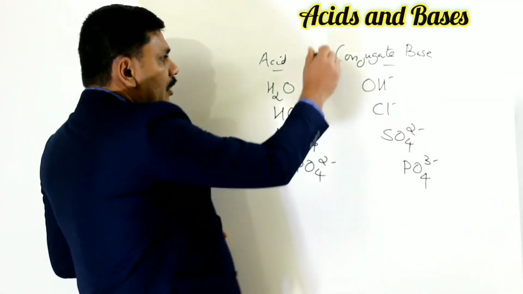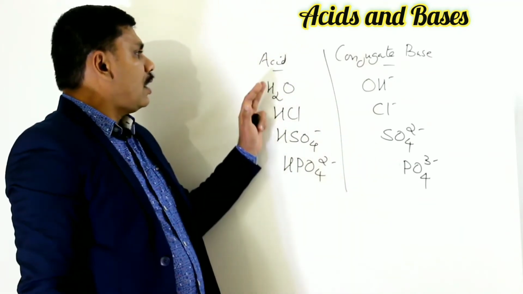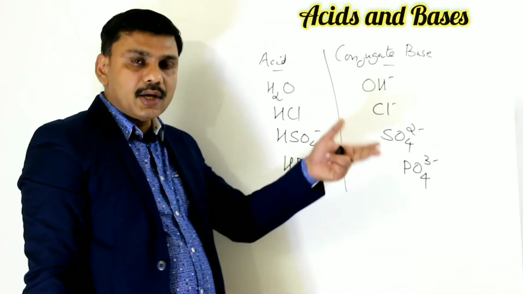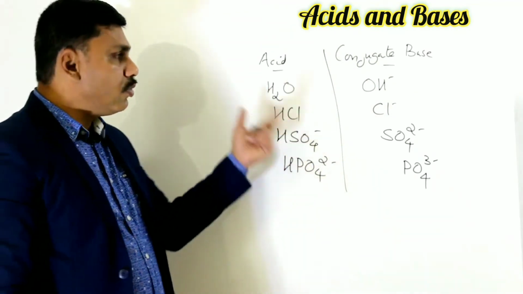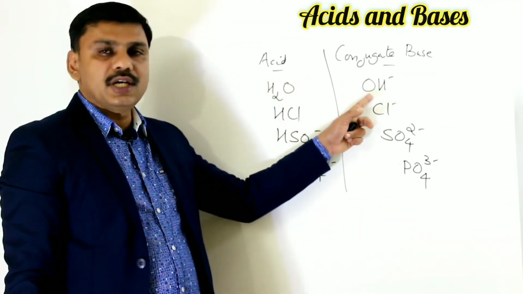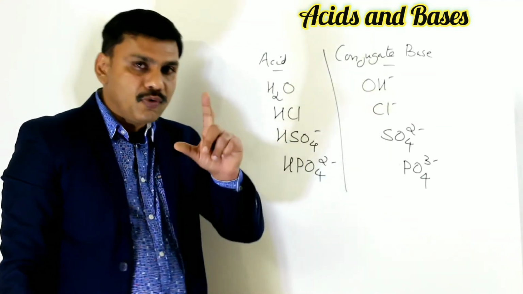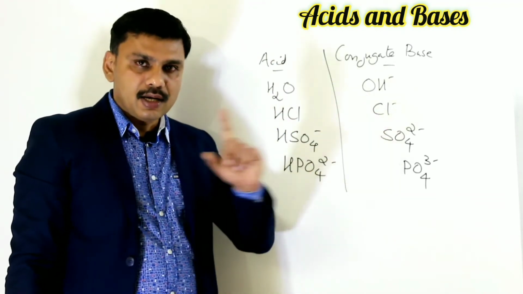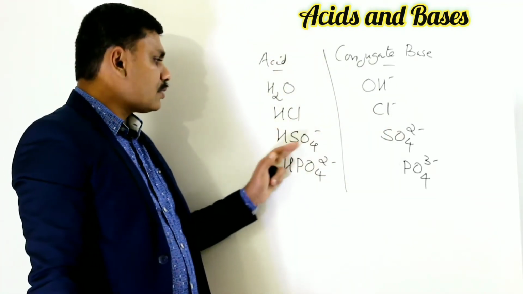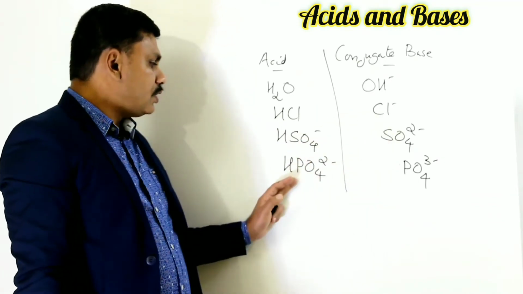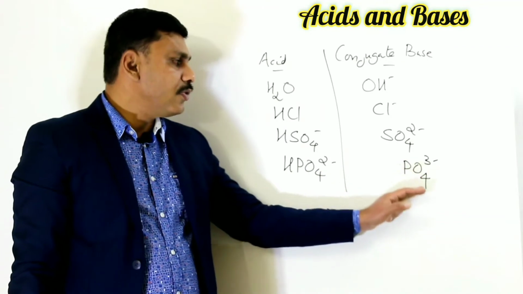So from here you are getting the conjugate base from an acid by removing a proton. H2O, the corresponding conjugate base is OH minus. HCl, you will get Cl minus. HSO4 minus, you will get SO4 2 minus. HPO4 2 minus, PO4 3 minus.